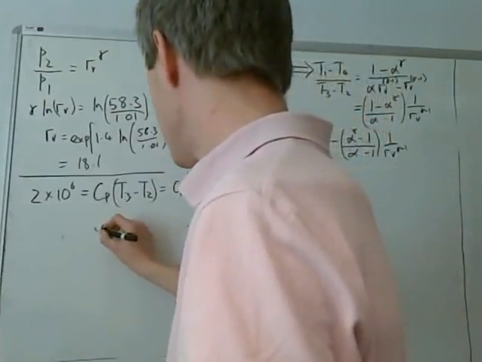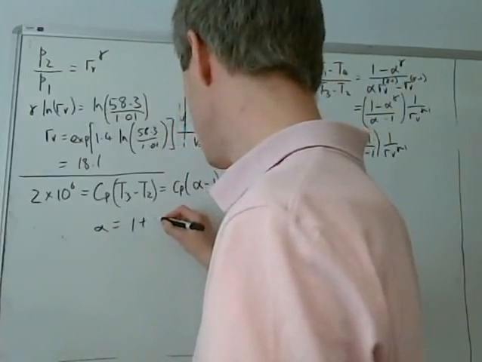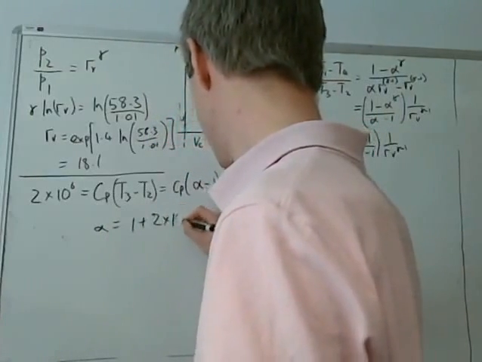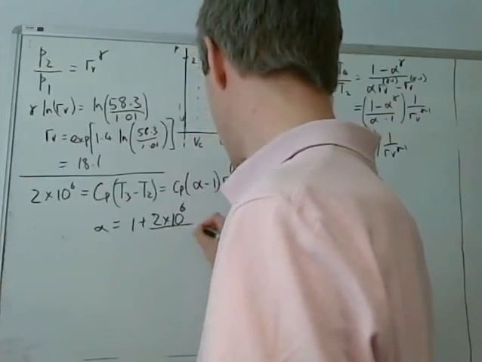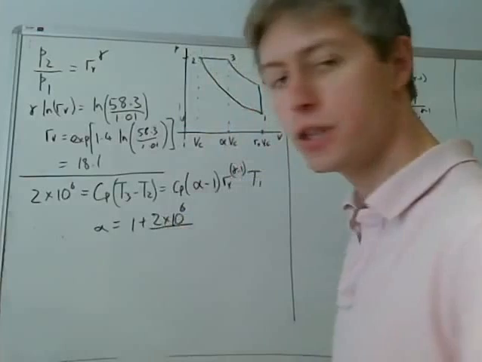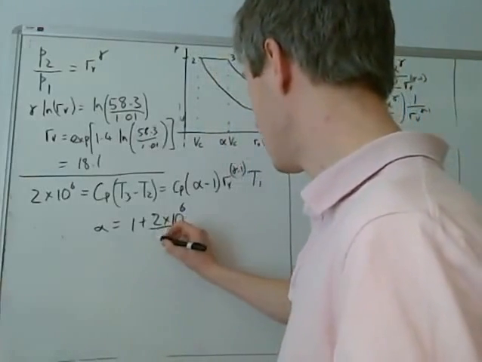So rearranging and putting the numbers in, alpha is equal to 1 plus the heat input, 2 megajoules per kilogram, over the heat capacity Cp, and you should be able to remember this number if you use it often enough.